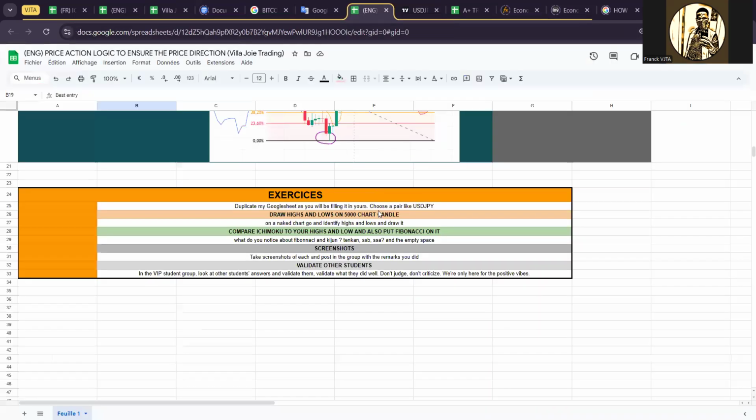So now you can do the exercise. Go on the naked chart, do highs and lows on 5,000 candles, because TradingView only permits that. Do it on the 1 hour time frame. Then compare Ishimoku to Fibonacci.